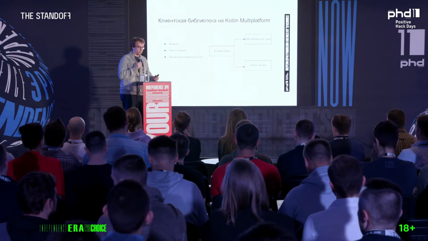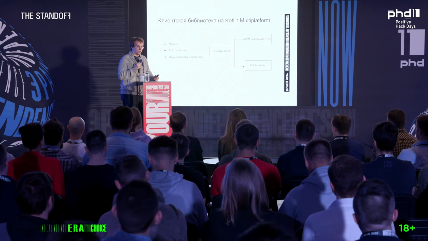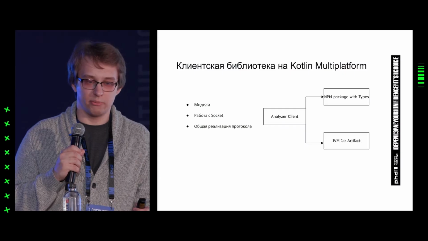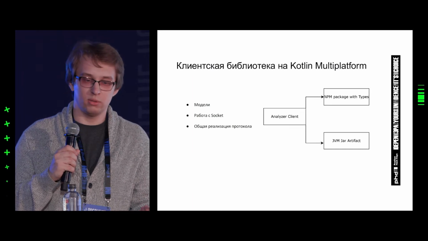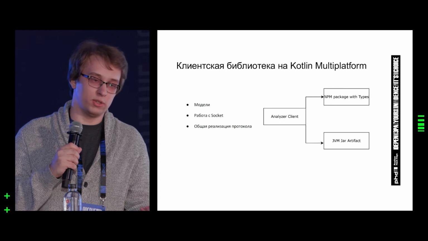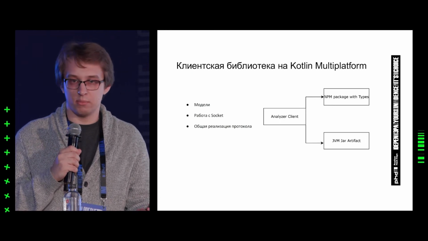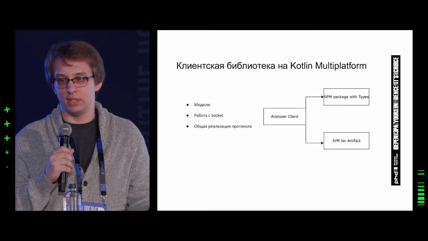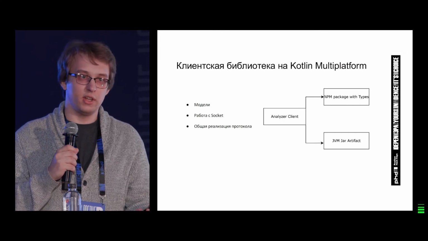This means that running the interaction protocol through the sockets and serialization for every plugin would be an uphill job. That's why we are using this library, which is developed with Kotlin multi-platform. What makes it good? Well, we can build it into JS, describing the types and packaging it to the npm package.